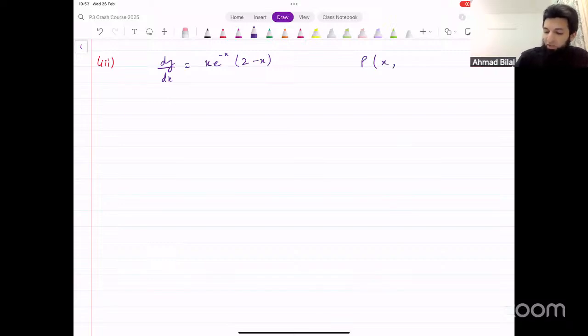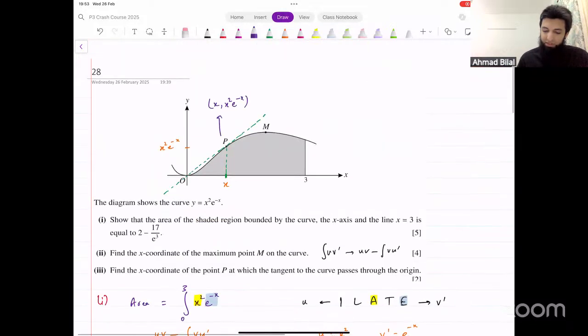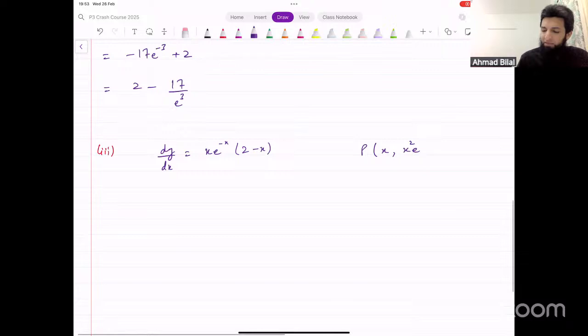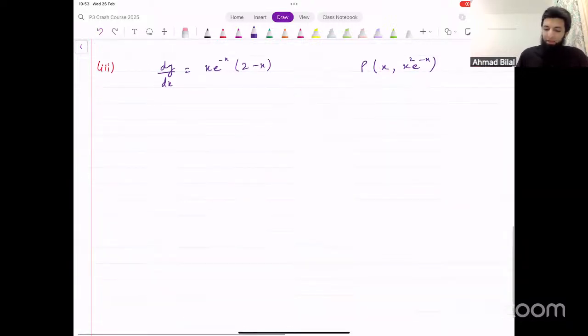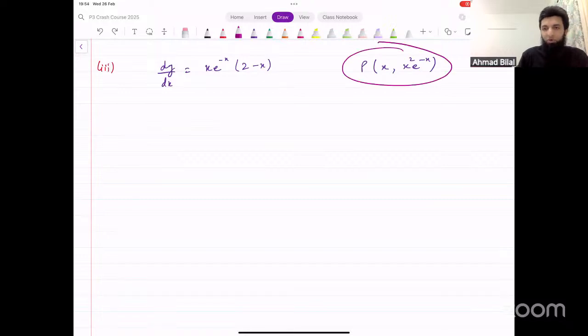The coordinates of P can be x and x squared e power minus x, right? Every single point on the curve is of this format, that the x coordinate is x and the y coordinate is x squared e power minus x. Okay. Can we write down the equation of a tangent that passes through this point and has this gradient?